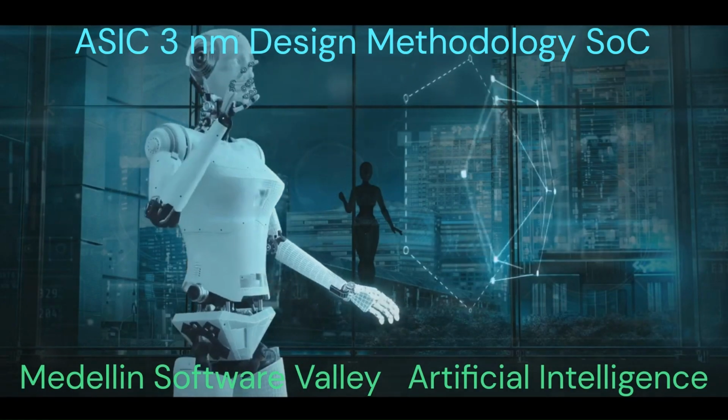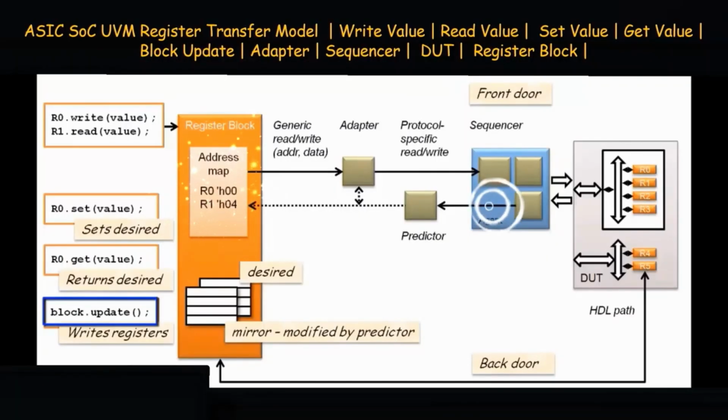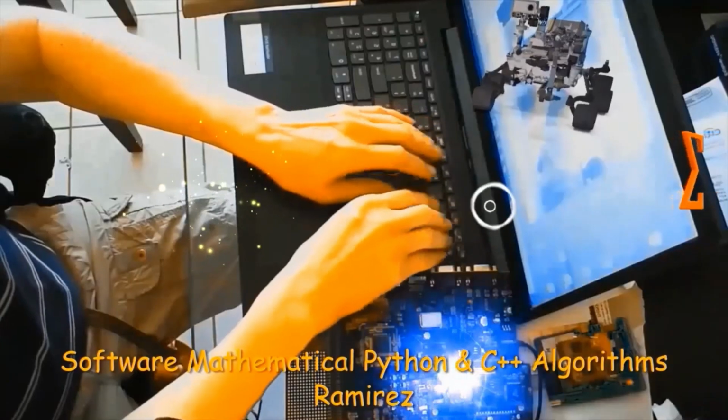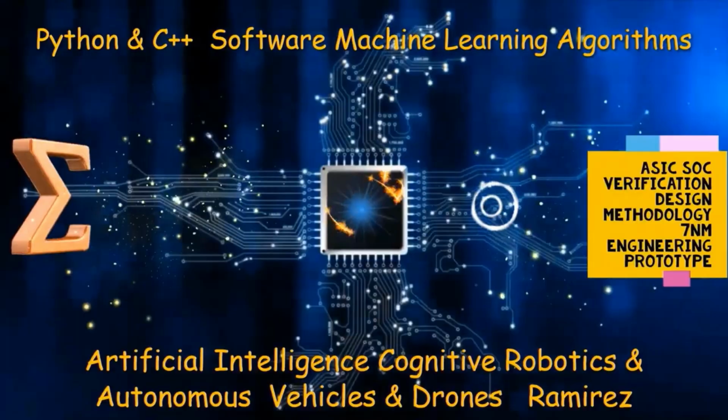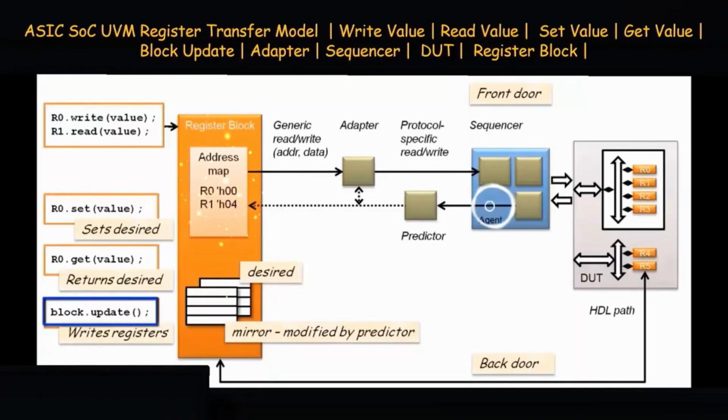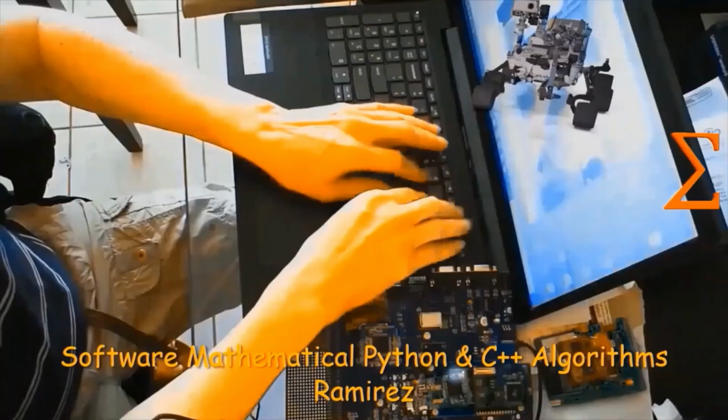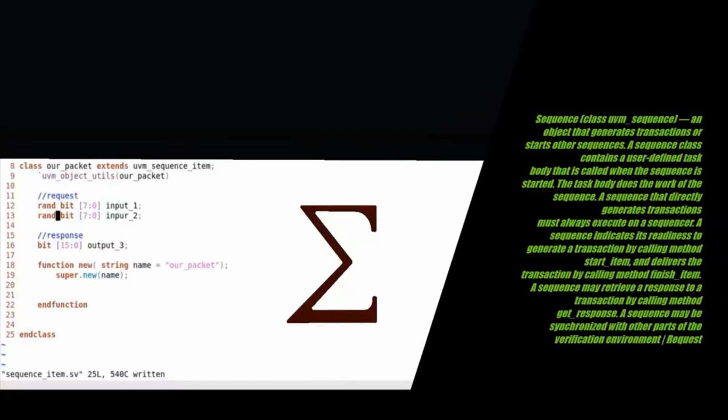UVM component test for registers. The UVM does reads and writes to the address map. Then it allocates agents with wiggle pins for the design under test, the DUT, and the test can be reused.